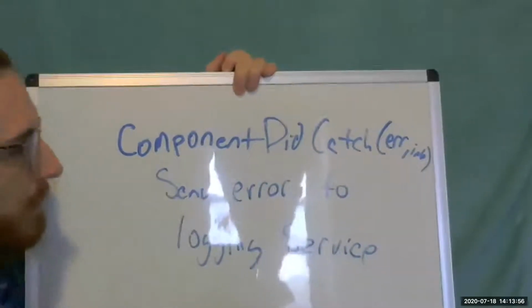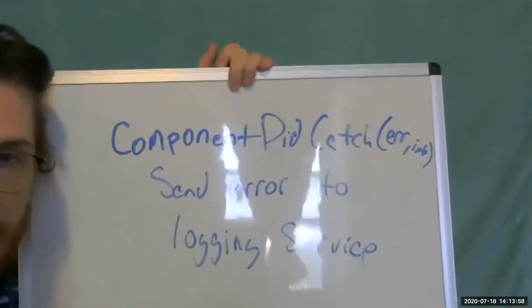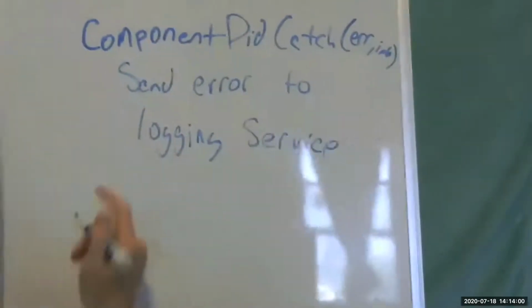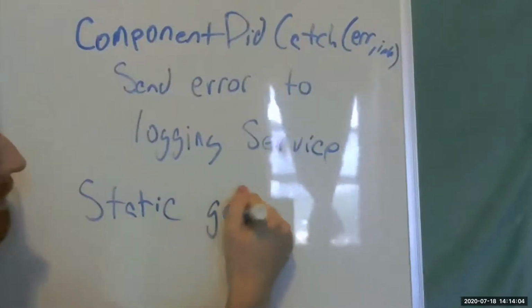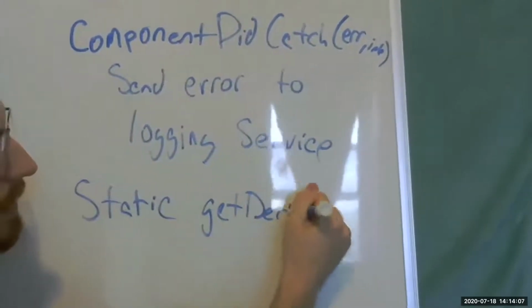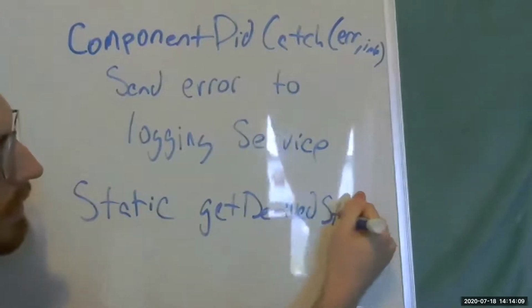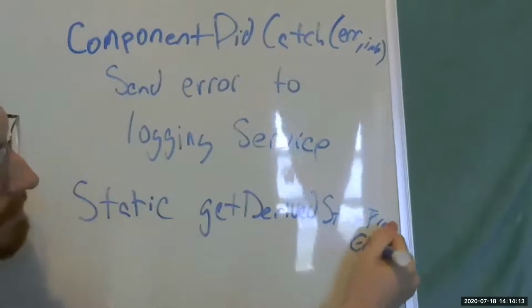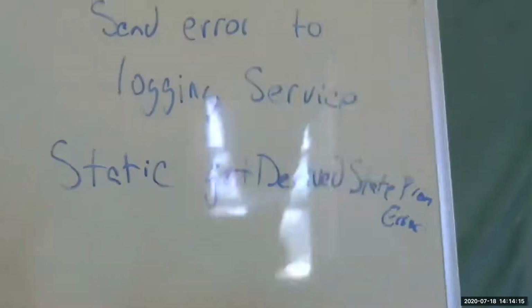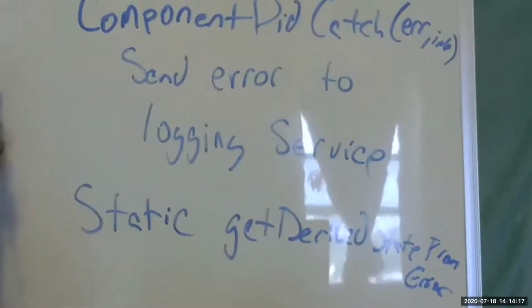The other main lifecycle method is called static getDerivedStateFromError. I'm sorry, it's a small whiteboard. Get derived state from error.